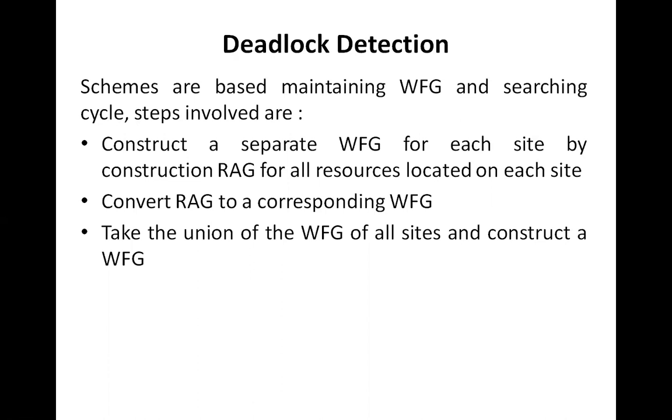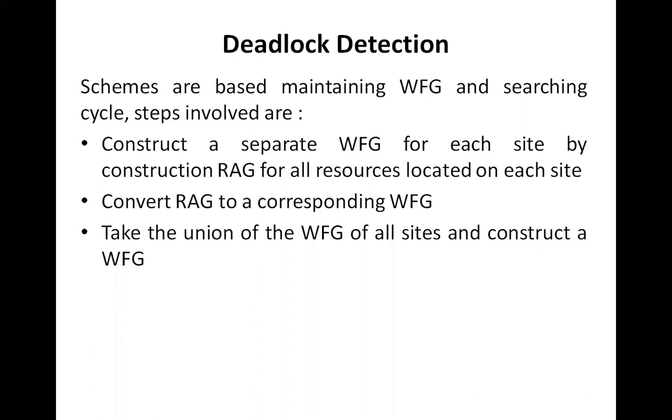The general way of using the deadlock detection process, whether for a centralized system or a distributed system, is in principle a little bit the same, because it is based on maintaining information on the resource allocation to the various processes in the form of a resource allocation graph.